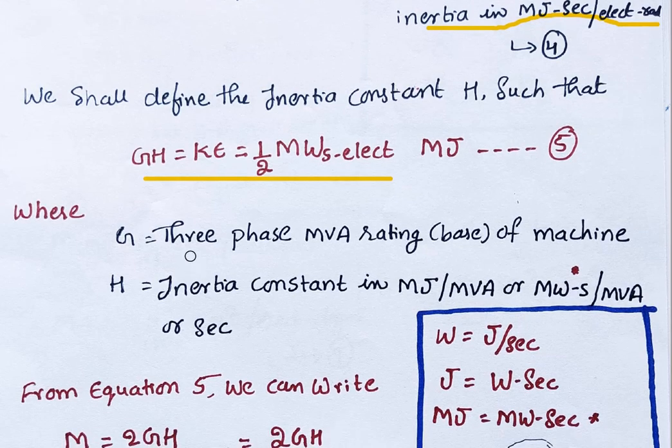What is G? It is the three-phase MVA rating of the machine, that is, the base MVA rating of the machine. H is the inertia constant in megajoules per MVA, or megawatt second per MVA, or seconds. How it is megajoules per MVA or megawatt second, that I will explain.